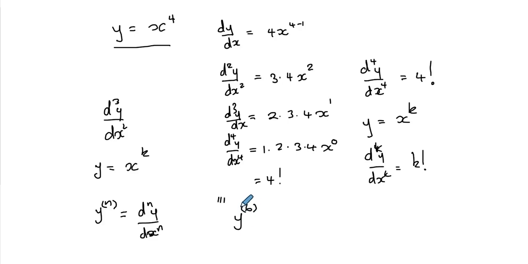It's written like a power but with brackets, which indicates the order of a derivative. So it's different from y to the power 6, which would simply mean y times y, six times. This means the order of the derivative. You have to get used to this notation by now.